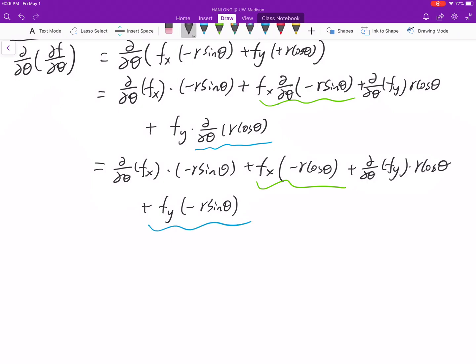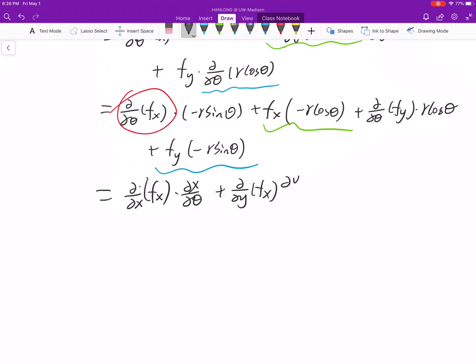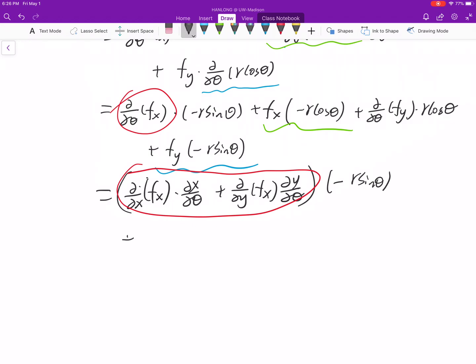Okay, then let's deal with this guy. For this one we use the chain rule again. So partial x fx times partial x partial theta plus partial y fx times partial y partial theta. This is the red part. And then you have negative r sine theta, and then you have fx times negative r cosine theta plus partial theta.